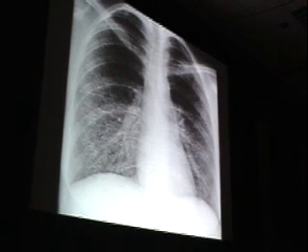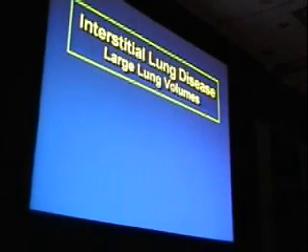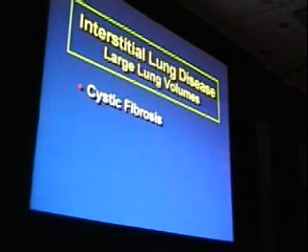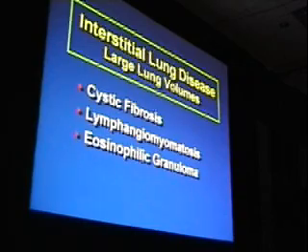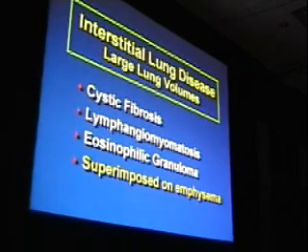But what I want you to recognize is when you see diffuse interstitial lung disease and large lung volumes, the differential changes just a little bit, and should include cystic fibrosis, angiomatosis, eosinophilic granuloma, and diseases that are superimposed on underlying large lung volumes, that is, emphysema.